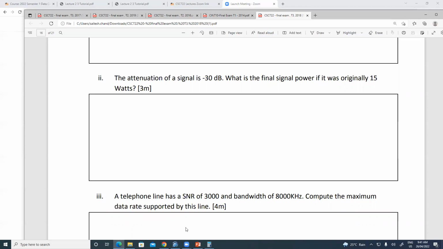So there are various types of questions that do come in exams. First one is just to calculate the attenuation. The second one is asked to calculate the power at source when the attenuation is already given. Or the third way is to calculate the power at the destination when that is given.